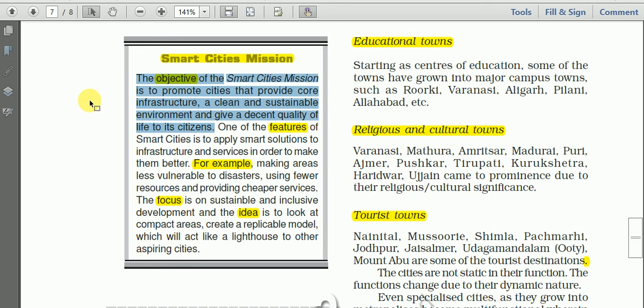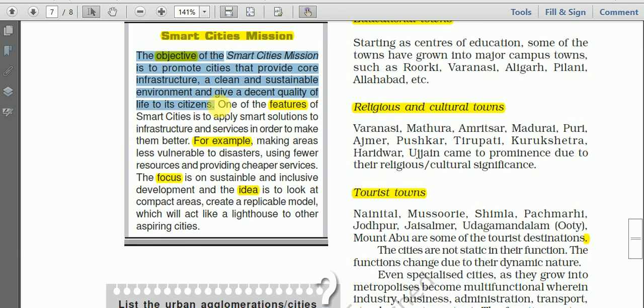To promote cities that provide core infrastructure, all the infrastructure, maybe a good drainage system, good sewerage system, then good transport system, communication system, good toilet facilities, drinking water facilities, then a clean and sustainable environment, almost pollution free, with clean and clear ambient air, and a decent quality of life to the citizen.